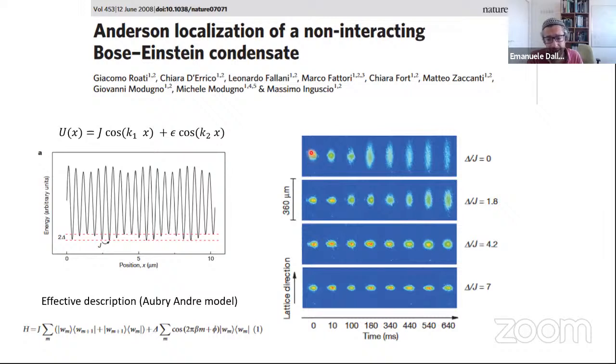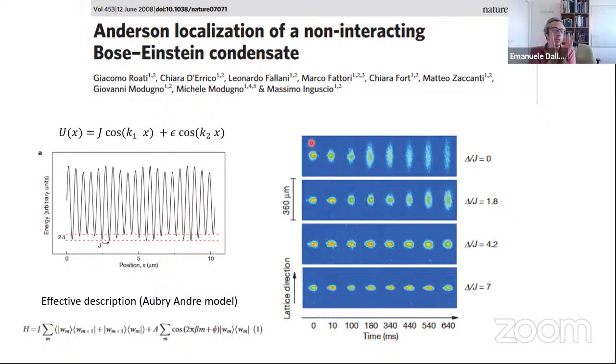What you see is that initially the condensate was small, in a trap, and then as a function of time, it becomes broader and broader. The vertical axis is the axis of the lattice. So the random potential is in the vertical direction.